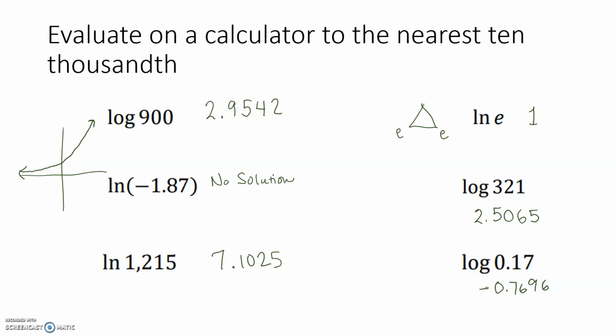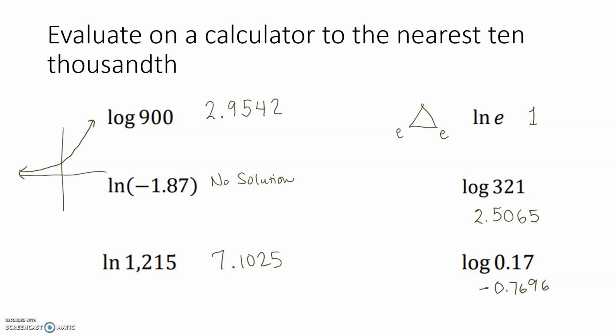What you might notice is that logs are a way of making really big numbers into smaller numbers. So if you want to compare the magnitude of numbers, logs are a nice way to do that. 900 is 3 digits long. All numbers that are 3 digits long have a log of between 2 and 3.